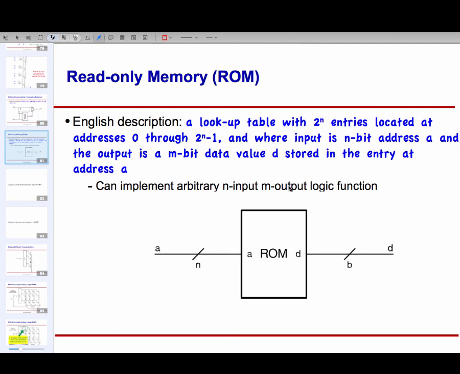It's just a lookup table. I am looking up the answer. Okay, so it's cheating, but ROMs are very effective. If I give you a ROM, I can implement any function using that. It's just a gigantic array in which I'm pre-computing and storing my answers.